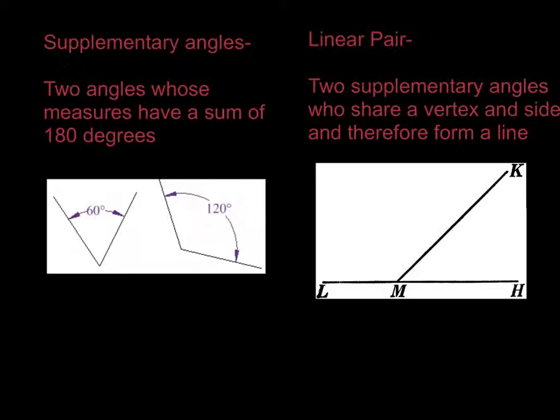So for example, let's say that angle KMH, let's say that's our 60-degree angle. We're just pretending. It looks like it's probably a little bigger than 60. If this angle were 60 degrees, this angle would then have to be 120 degrees. Now we know that they are a linear pair because L, M, H are three collinear points. Therefore, LH is a straight line.